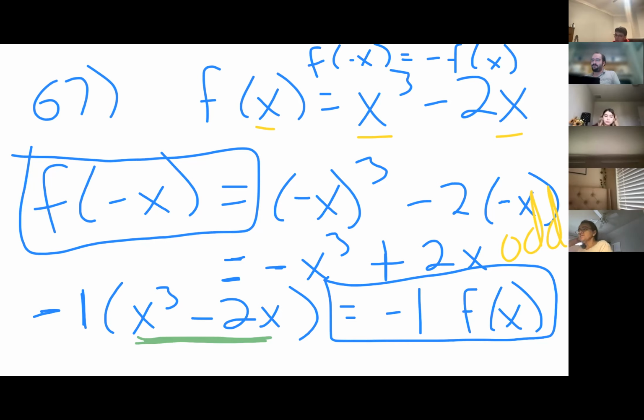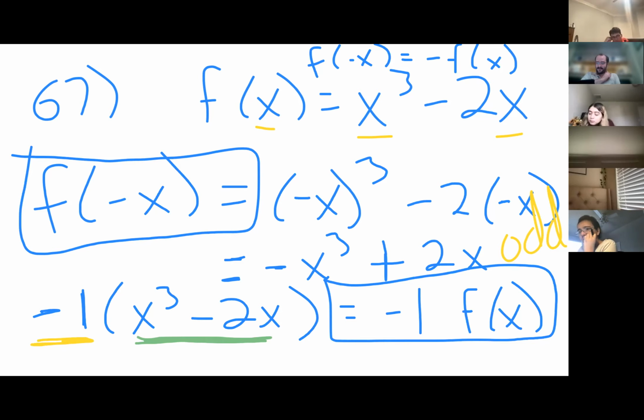So if we throw in a negative, we end up with the same function, it's even. If we throw in a negative and we end up with the opposite, then it's odd. Factoring out a -1 is also another way you can see whether it's the opposite of the original function.